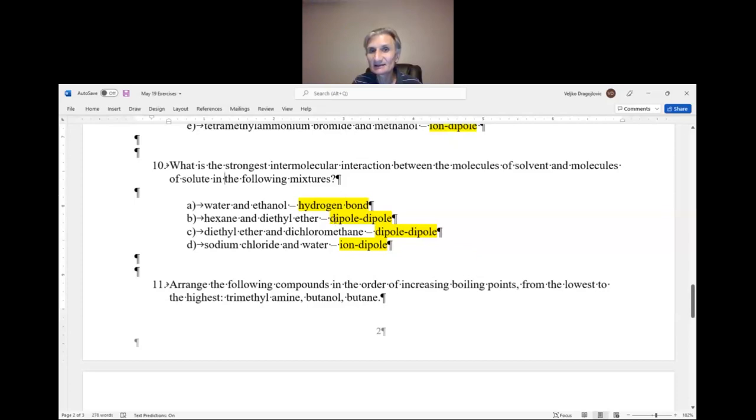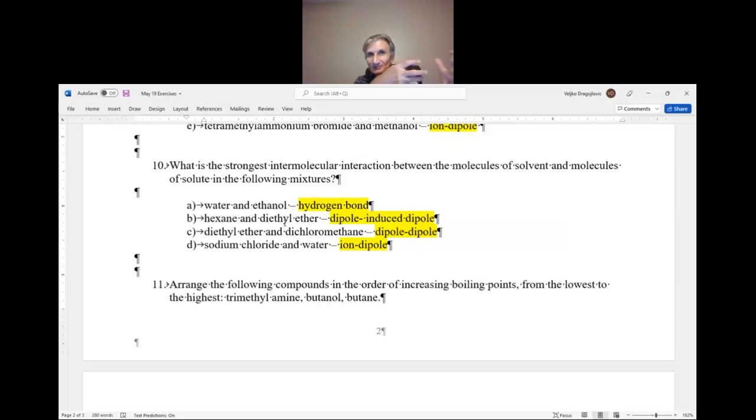Hexane and diethyl ether, that's dipole-induced dipole. That's because hexane is nonpolar, diethyl ether is polar. If polar and nonpolar species are miscible with each other, then the polar species has a dipole, and in the neighboring nonpolar species it will induce a dipole.